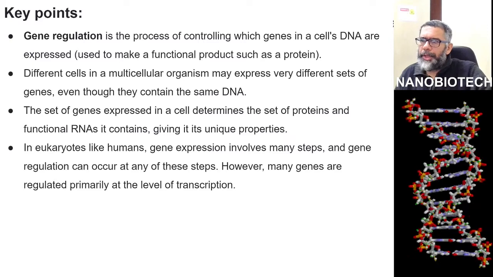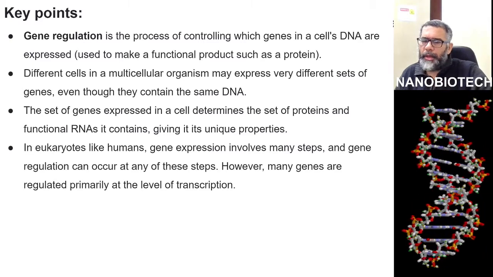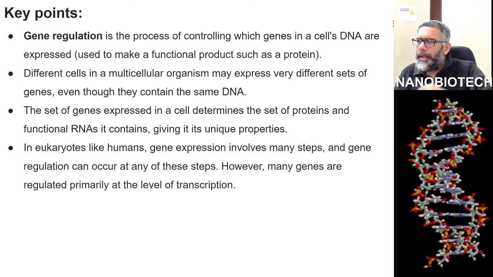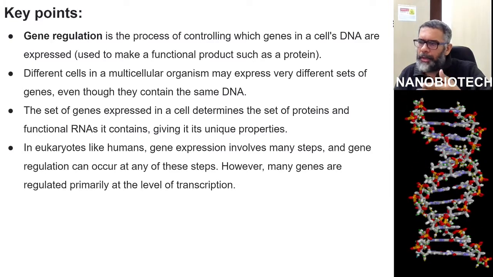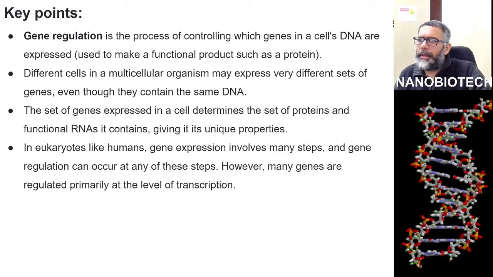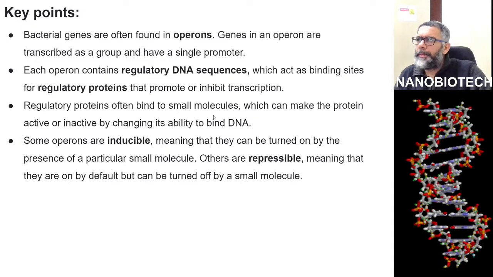The set of genes expressed in a cell determines the set of proteins and functional RNAs it contains, giving it its unique properties. In eukaryotes like humans, gene expression involves many steps, and gene regulation can occur at any of these steps. However, many genes are regulated primarily at the level of transcription.